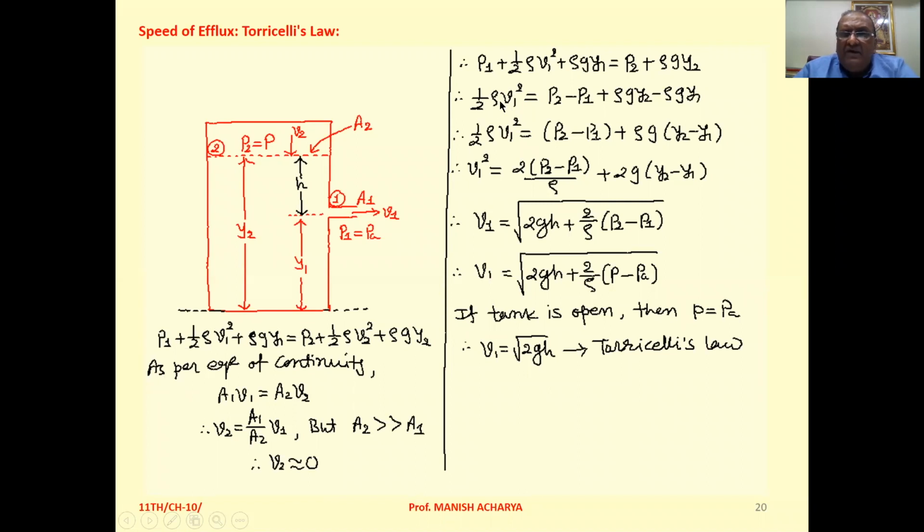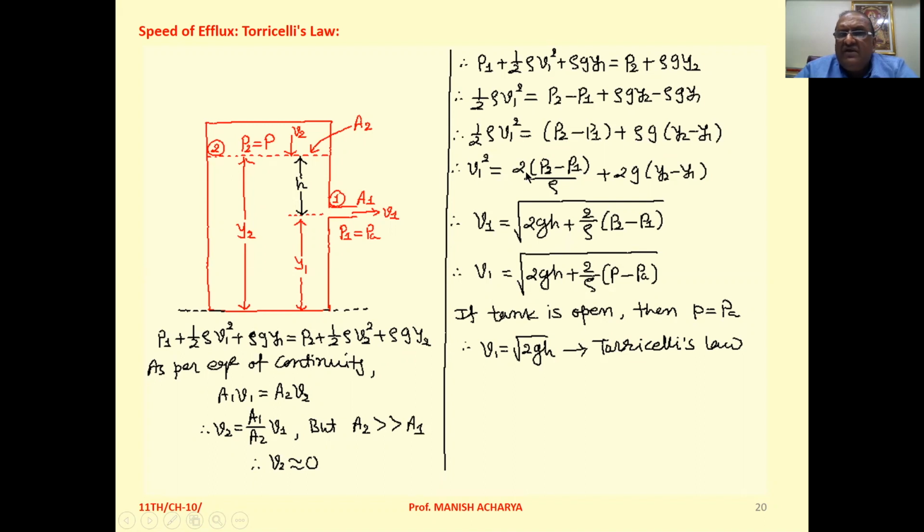So half rho V1 square: take these two terms to the right hand side. So P2 minus P1 plus rho g y2 minus rho g y1. So half rho V1 square is P2 minus P1 plus, taking rho g common, y2 minus y1.